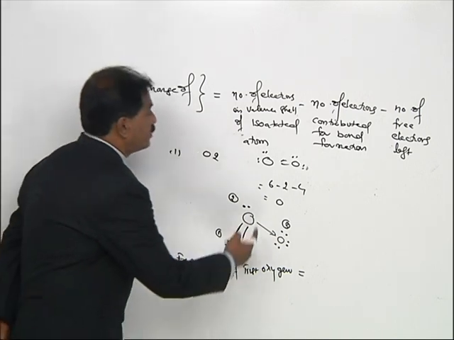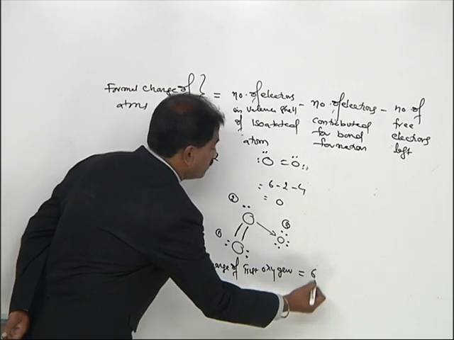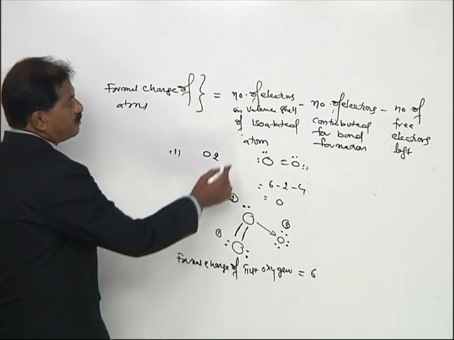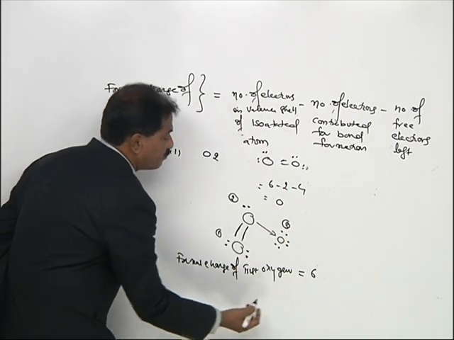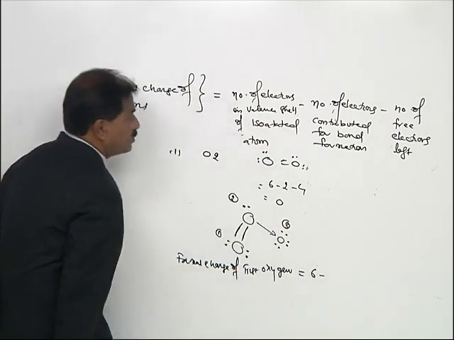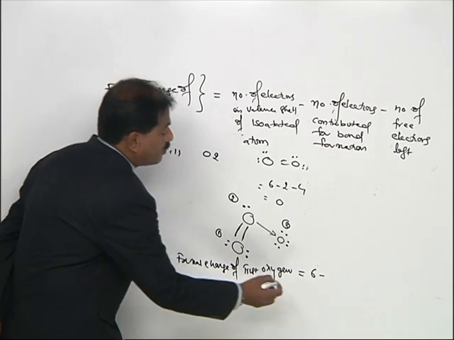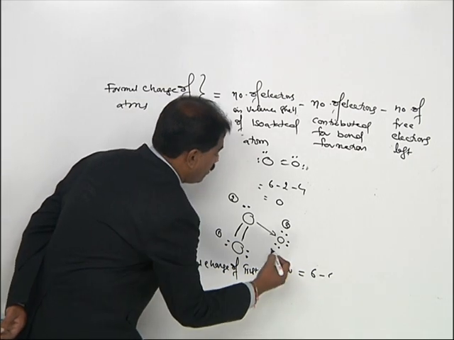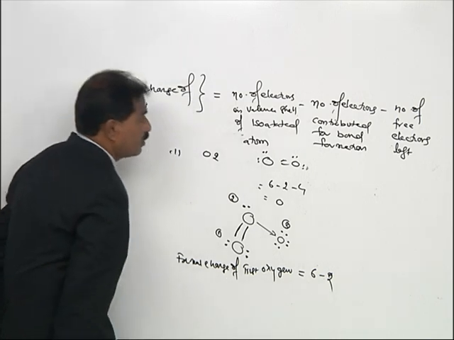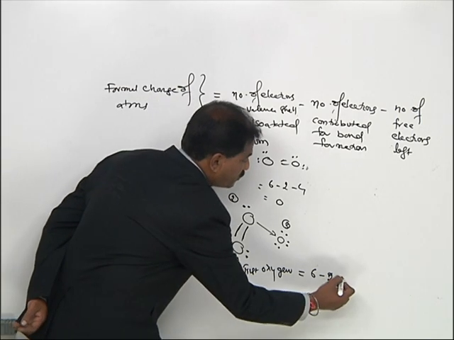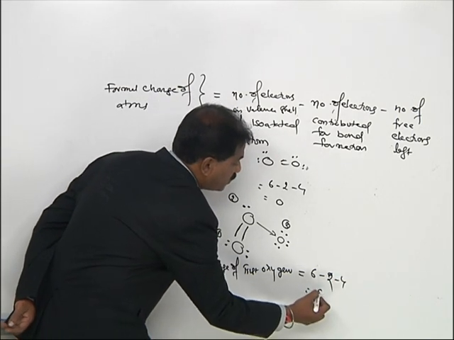Number of electrons present in the valence shell of the isolated atom, minus number of electrons contributed for bond formation, 2 electrons. Next, number of free electrons left. Therefore, formal charge here is 0.